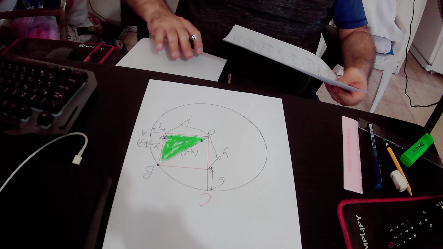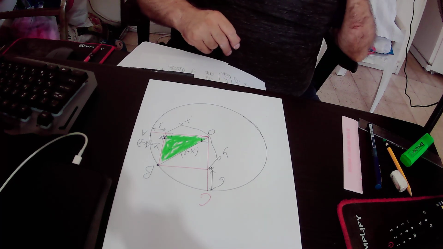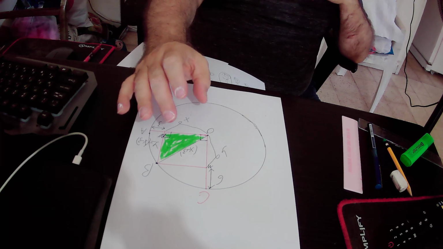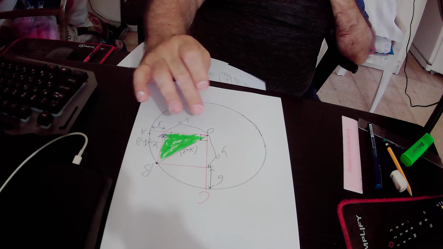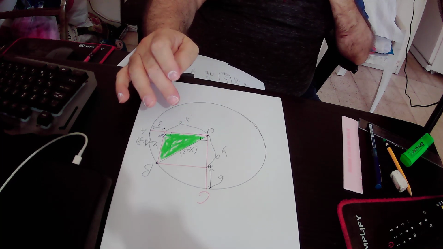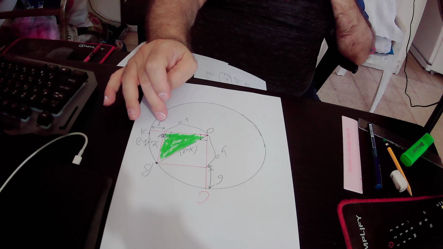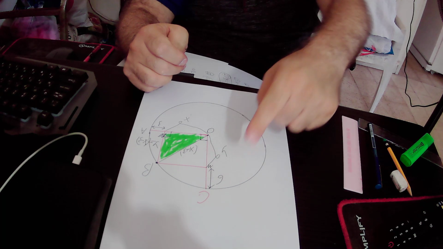Actually, we wanted to find out the radius of this circle. Inside the circle we have a rectangle, and we know that the center of this circle is at point O. This line segment is 3 units, and this line segment is 6 units.